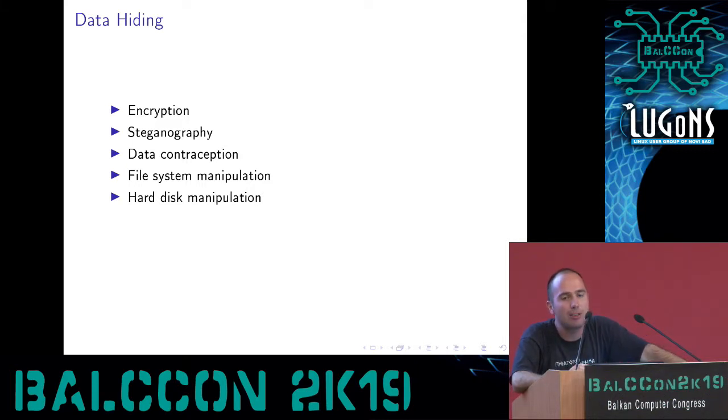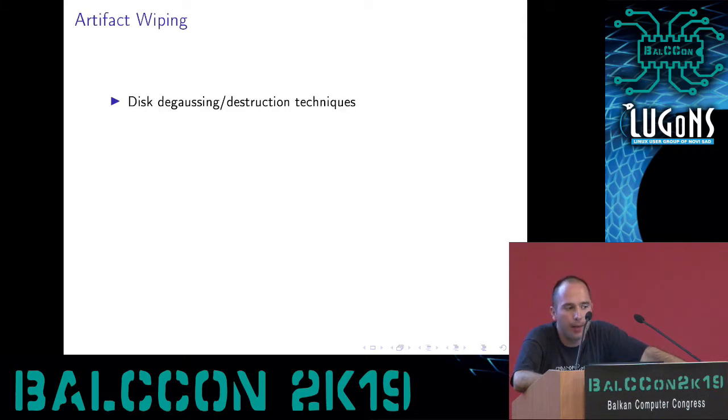We can use that space to store some data that won't be visible to the operating system. We can also, for example, use some hidden partitions. They can be easily recovered using forensic tools, but if you try to boot your operating system, they won't be visible. We can hide data in volatile memory, and we can also hide data somewhere on the network.